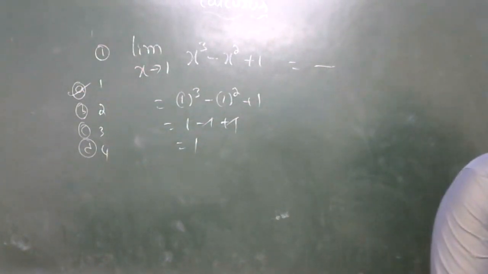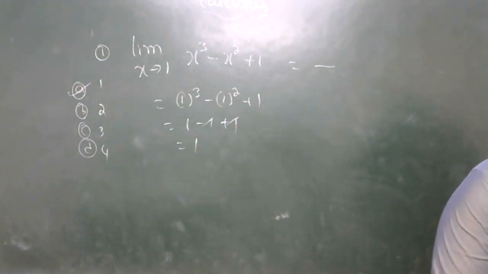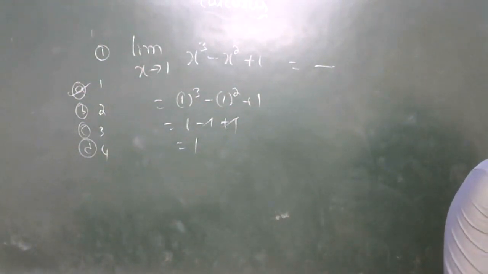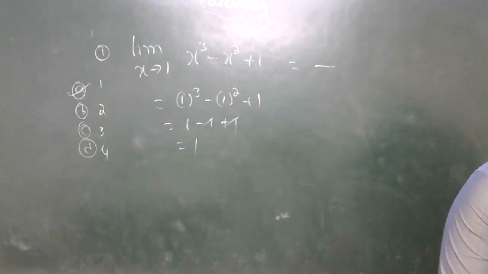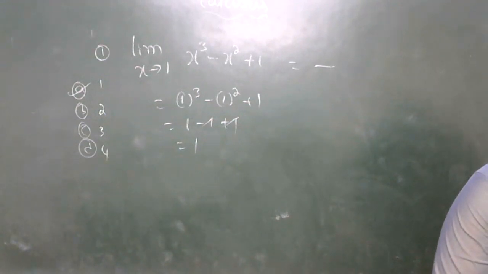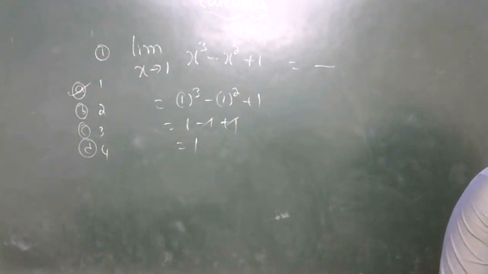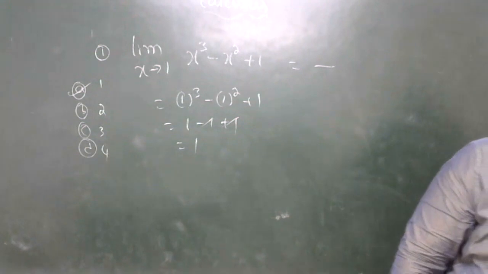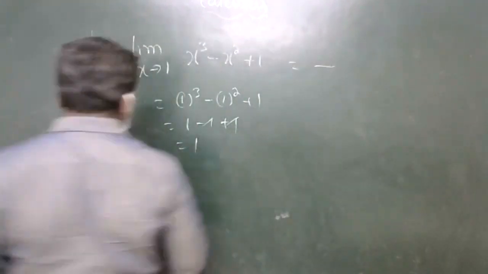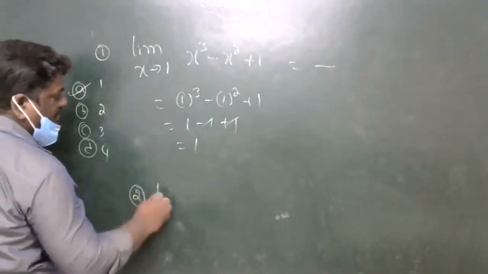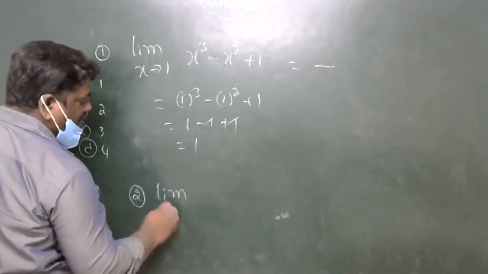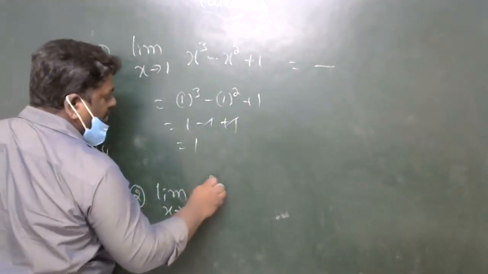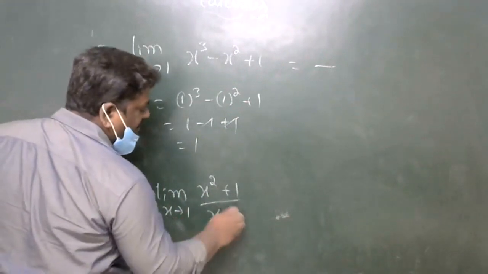Next. Second question: limit as x tends to 1, x square plus 1 divided by x plus 100.